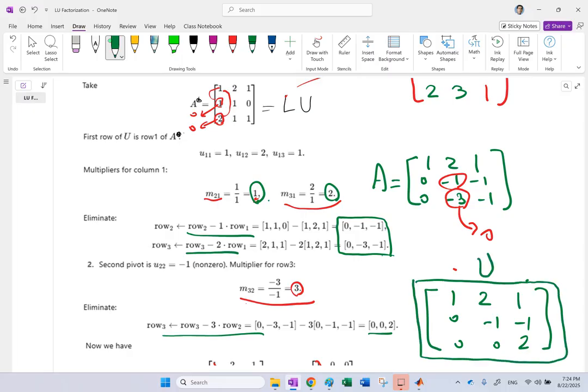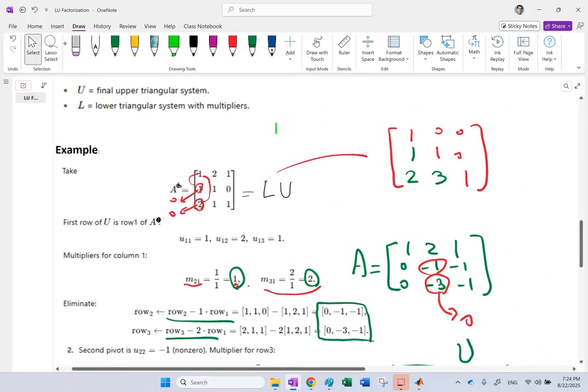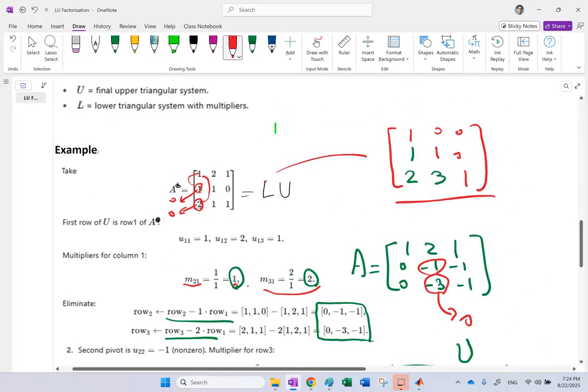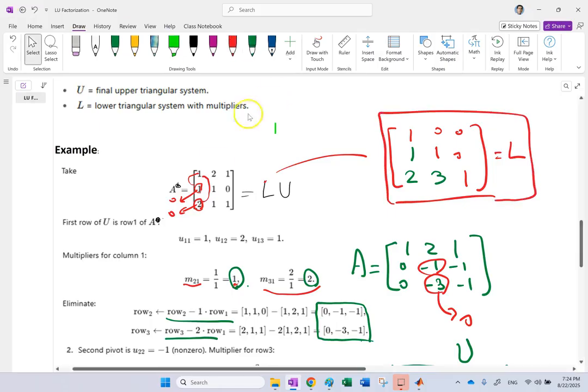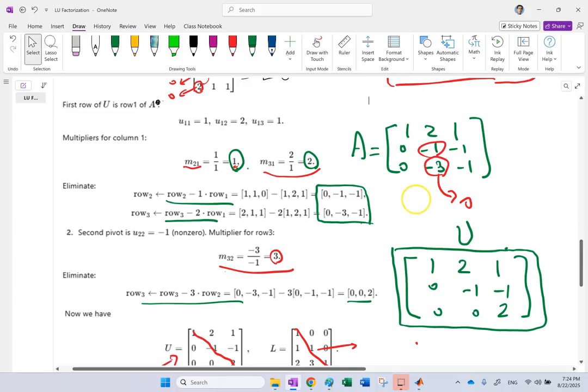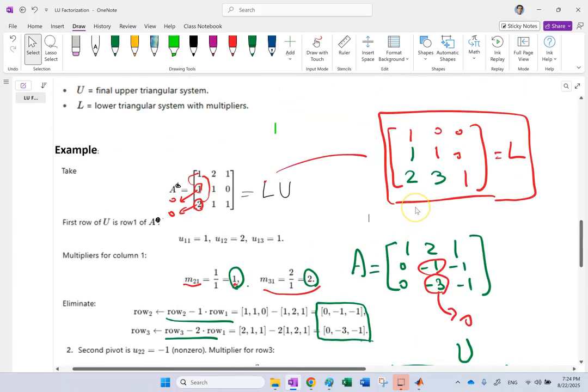There we go. This is your U. And as I said, your L is this one here. Done. Okay, so that is your L, this is your U, and you can always go ahead and check that and see if that's correct or not.